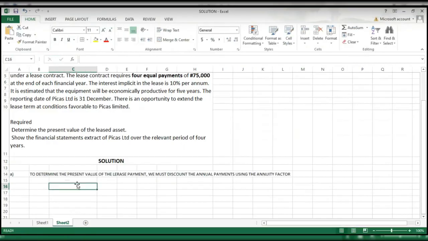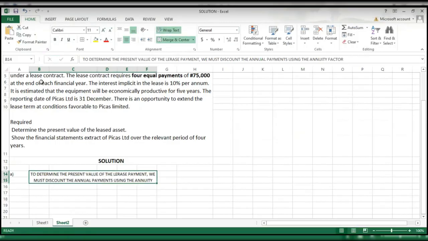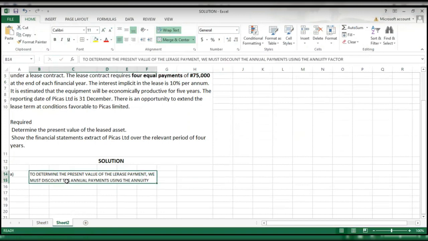Let me put that here. Let me wrap it here so that you can take everything that I've said to stay in that place. We must discount using the annuity factor.